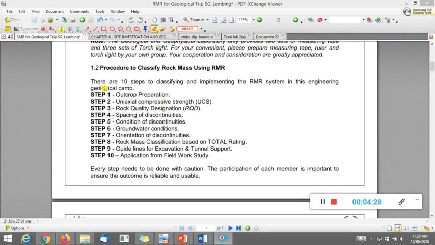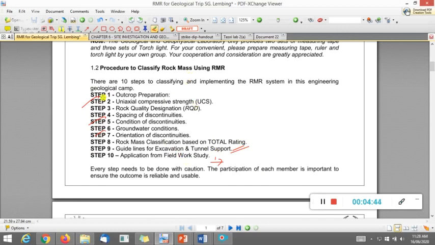How about the procedure? There are 10 steps, but this is for this project. In the field it is maybe about 9.